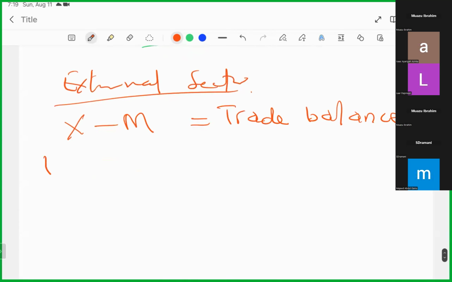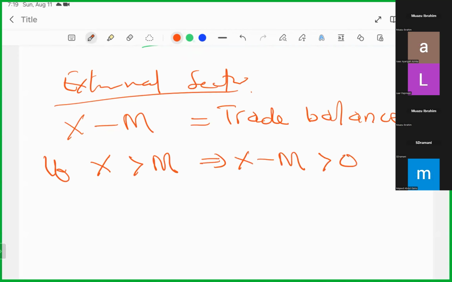If export is more than import, it means that you sell more than you buy. So which means that export minus import would be greater than 0. It's going to be positive.